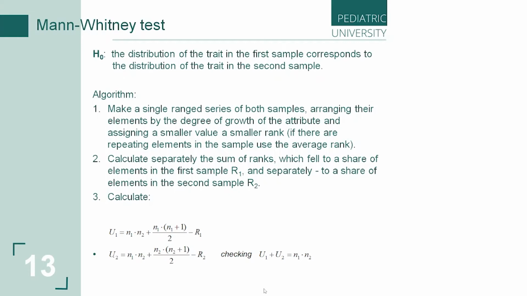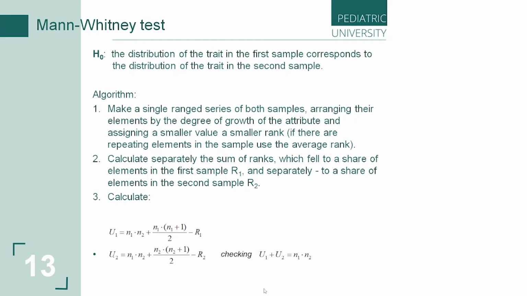We unite the samples together, make a single sample, arranging their elements by the degree of growth of the attribute from the minimum to the maximum. Then we put ranks, where a smaller value corresponds to a smaller rank. If there are repeating elements, then we take the arithmetic average of these ranks, the average rank.